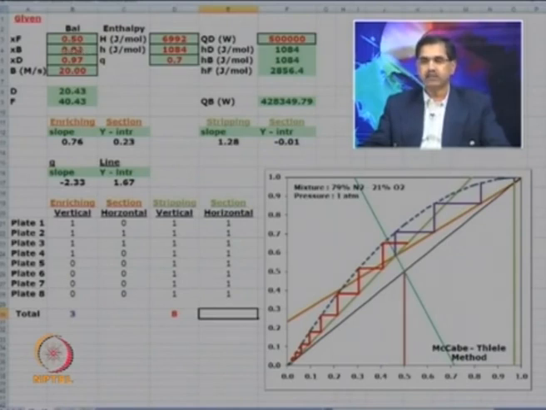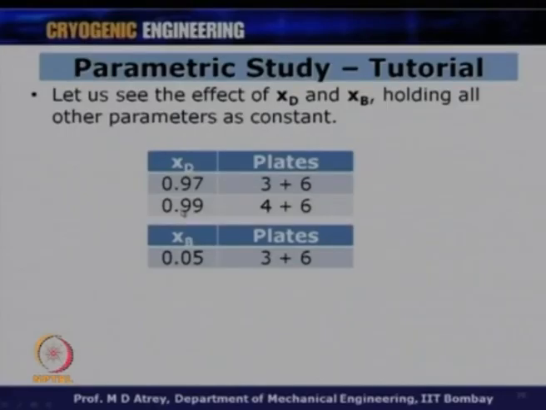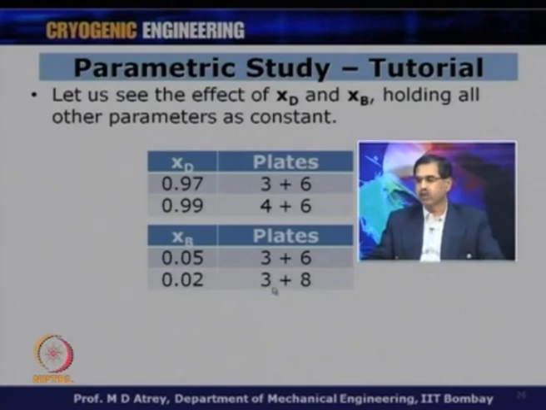As you know, this is the impurity for nitrogen in the bottom section, which also means the purity for oxygen has become 98% in this case. So, let us go back to our slides and see the comparison. If I go from XB as 0.05 to 0.02, my number of plates has increased from 3 plus 6 to 3 plus 8. The number of plates in the stripping section has increased from 6 to 8.